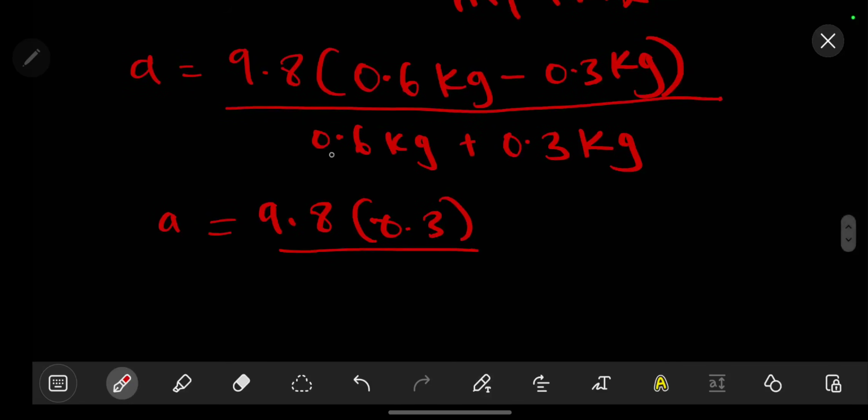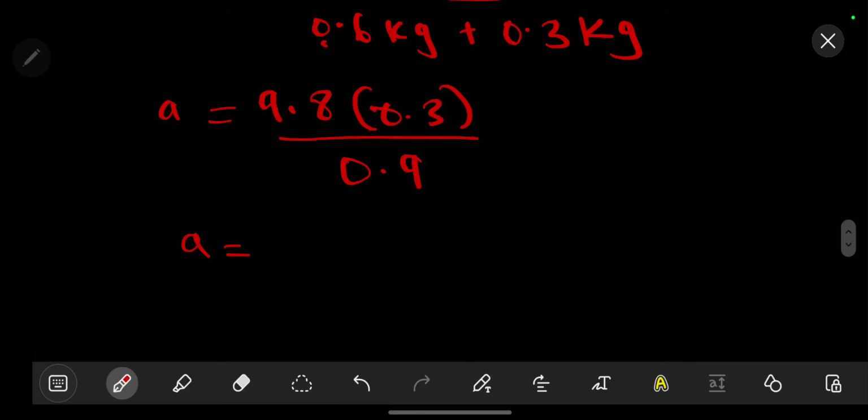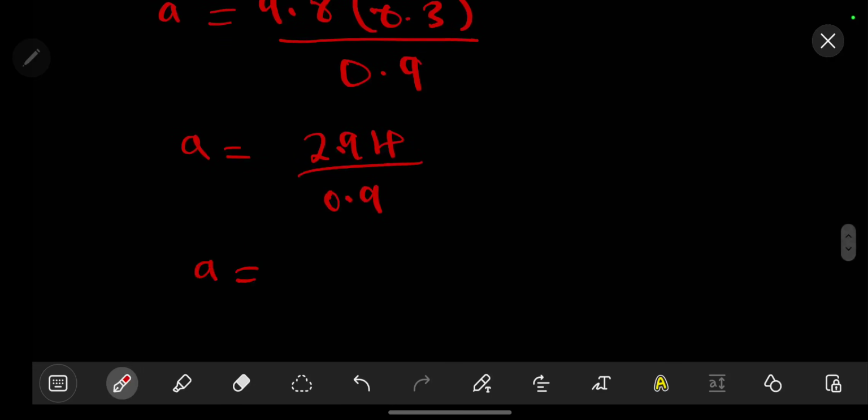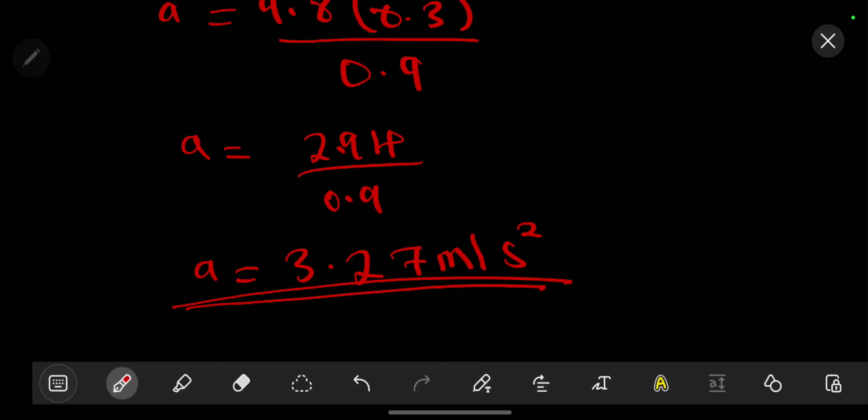Then we divide this by 0.6 plus 0.3, which gives 0.9. So acceleration is equal to 9.8 times 0.3, which gives 2.94. We divide this value by 0.9, and our acceleration shall be 3.27 meters per second squared. So if we have been asked to find the acceleration, that's the value for that one.